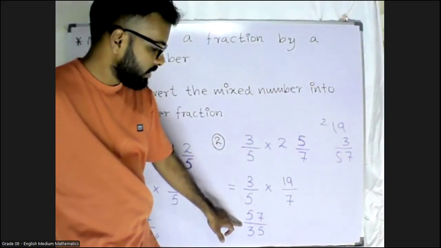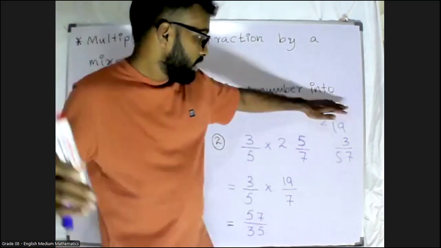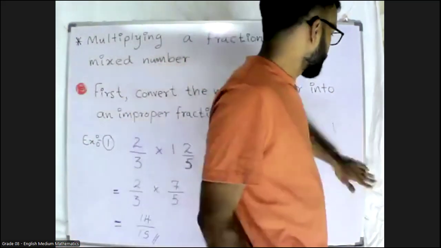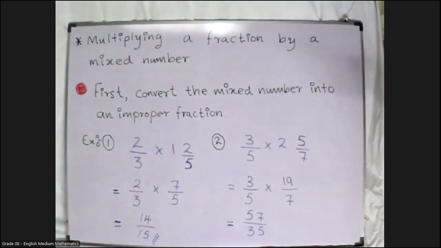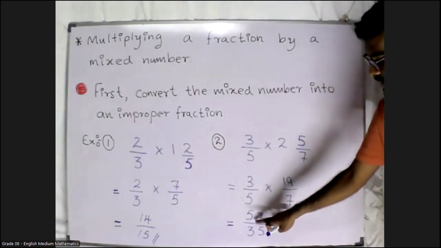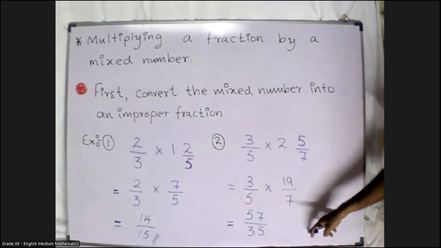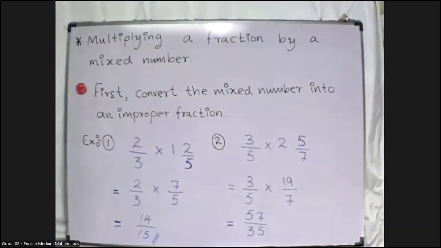What is the mixed number for 57 divided by 35? Send me the answer. If you have any unclear point, you can ask. Write this and convert this improper fraction into a mixed number, and let me know the answer in the chat.